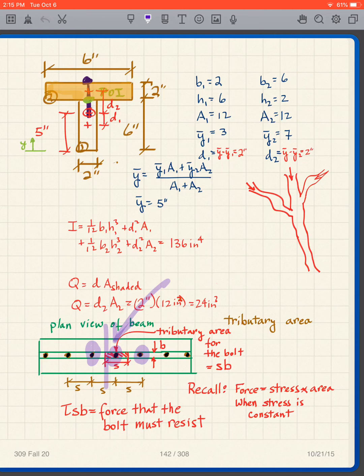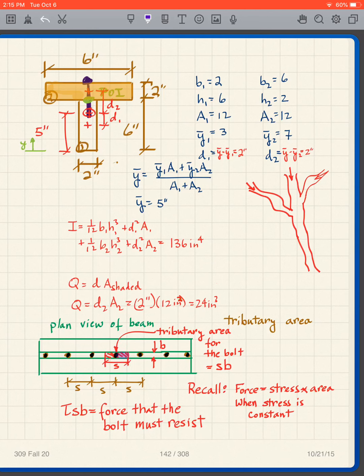So our tributary area is halfway to the bolt on the right, and halfway to the bolt on the left. And so the stress in this region contributes to the force in this middle bolt.